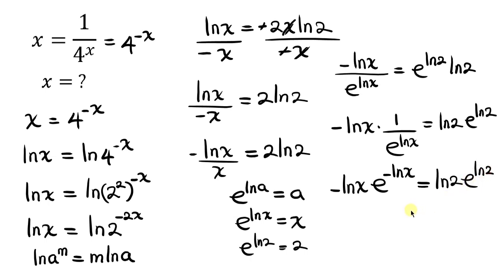Now, there is something I want you to notice here. Notice that what I have here is the same as the exponent. And what I have here as well is the same as the exponent. And there is a property that we can apply here. When I have an expression, let's say a times e to the a, as long as what I have here is the same as the exponent of e, I can apply the Lambert W function to what I have here to result to a.